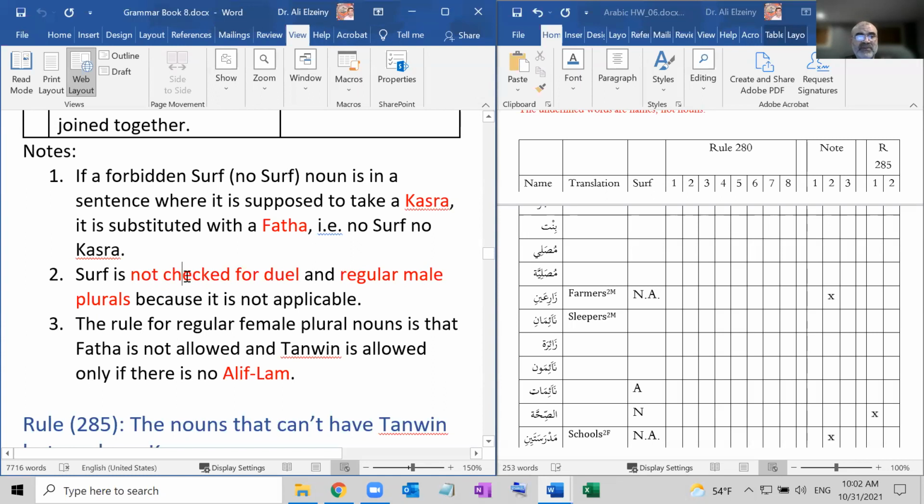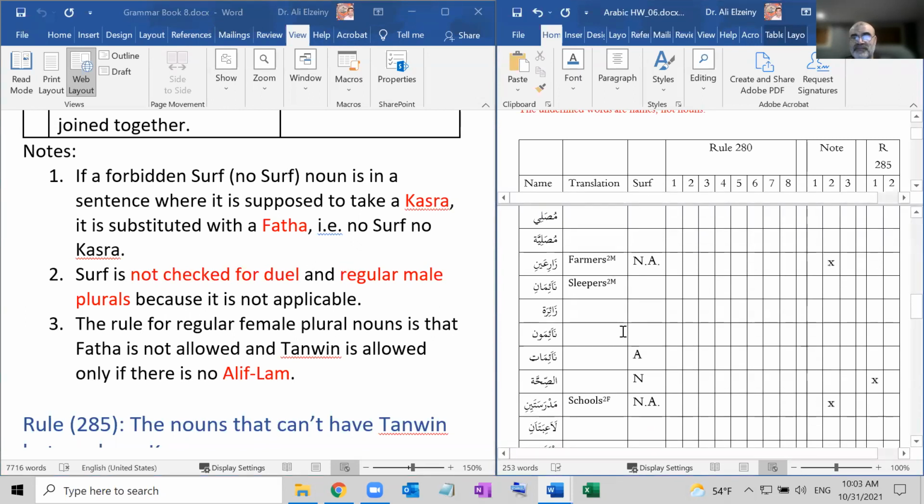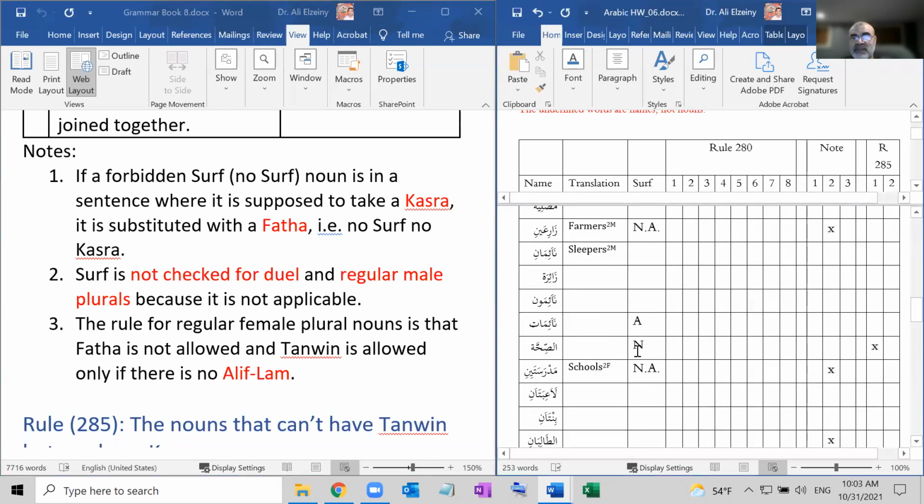So according to note number 2, sarf is not applicable. Actually, we were down here. Sarf is not applicable because it's dual.